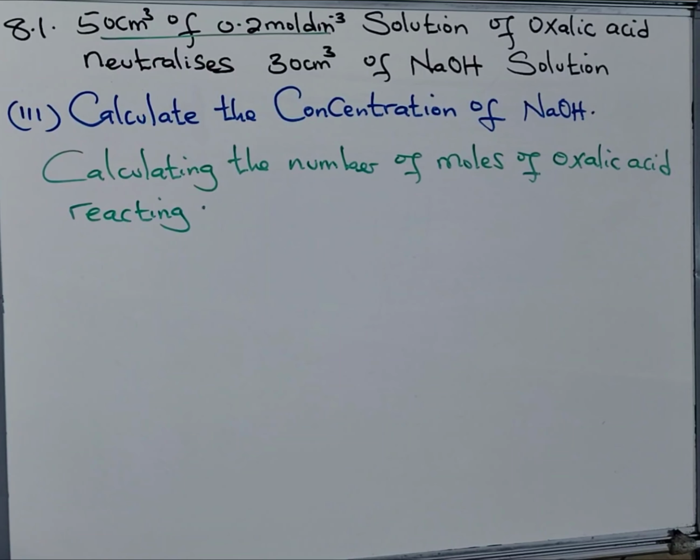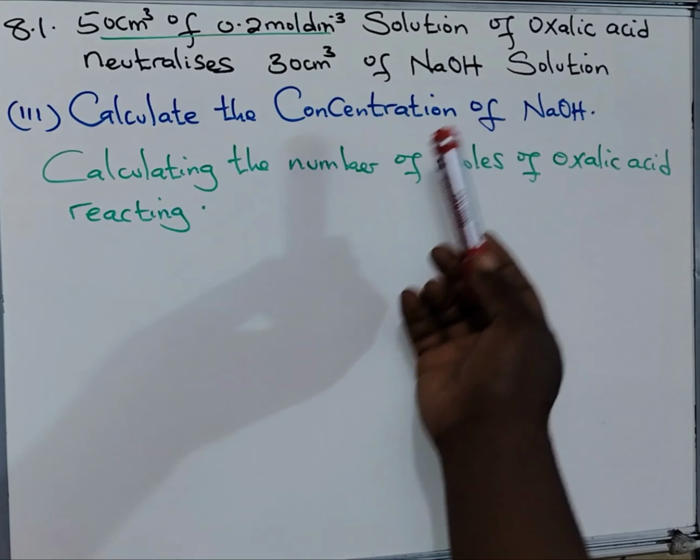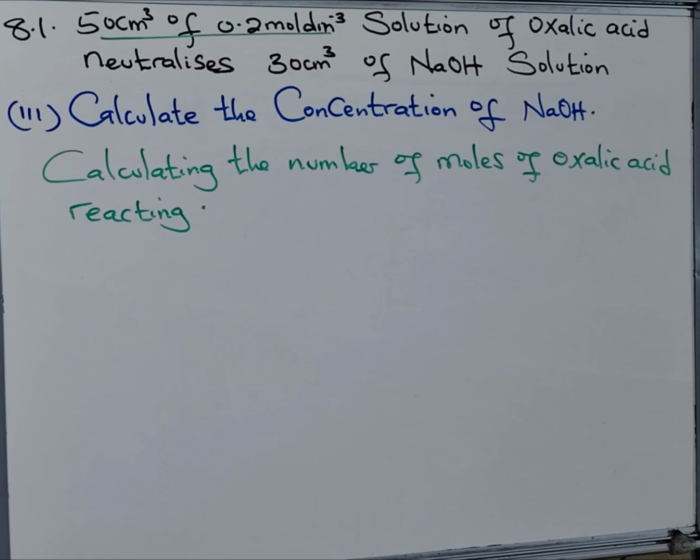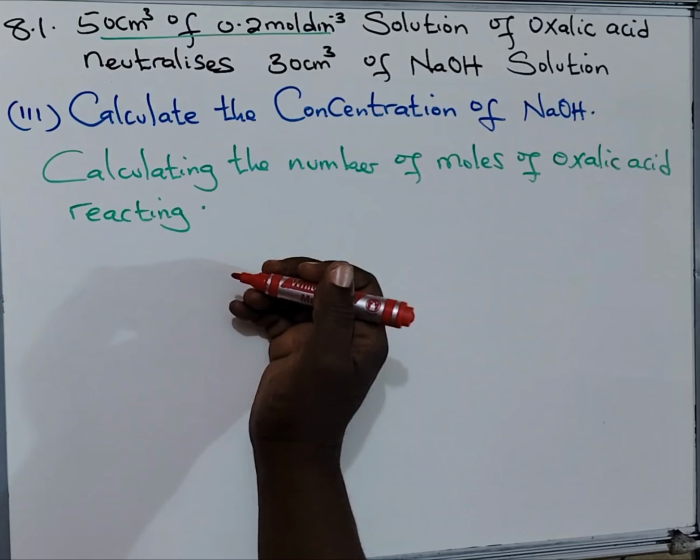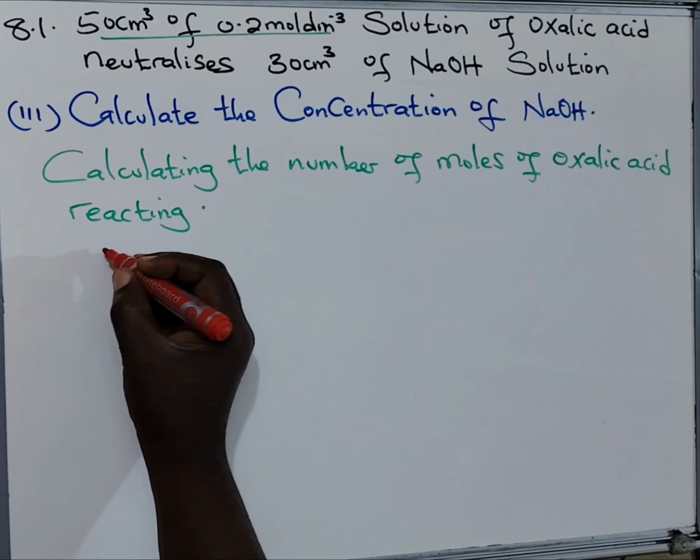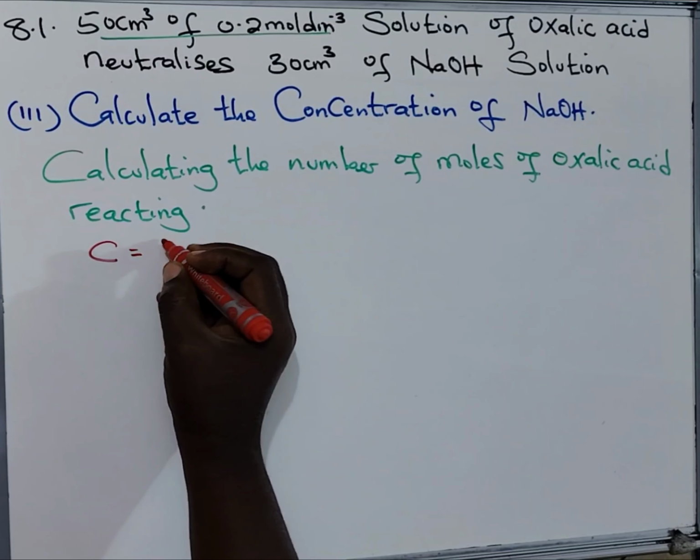That's what we do first. Because we know it's the standard, you have to realize that we always move from known to unknown. So it's the oxalic acid which is known here. So how do you calculate the number of moles? You list what you have.